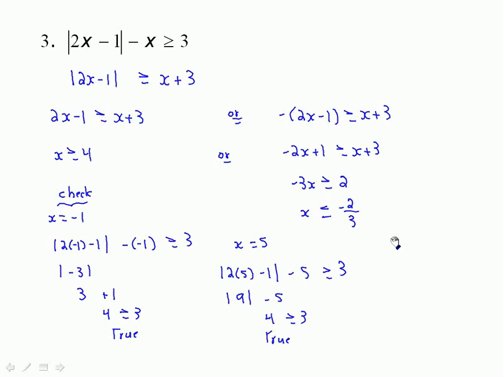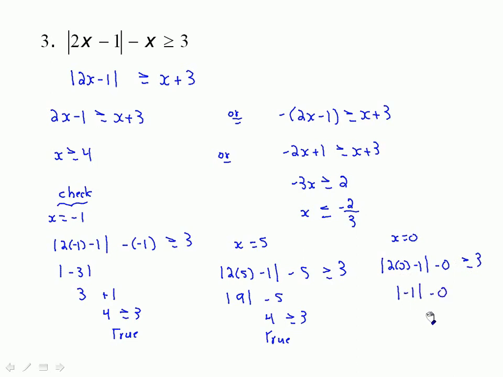And then if you checked one that wasn't going to work, let's say 0. So 2 times 0 minus 1, minus 0, is supposed to be greater than or equal to 3. So this is 0 minus 1 is -1.